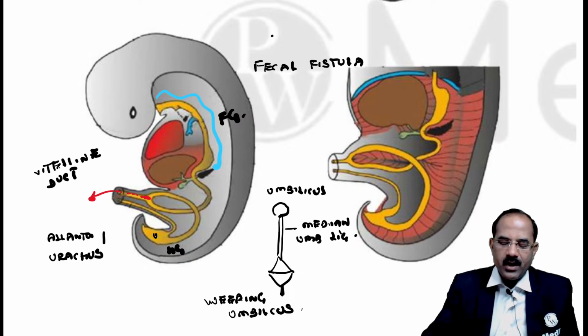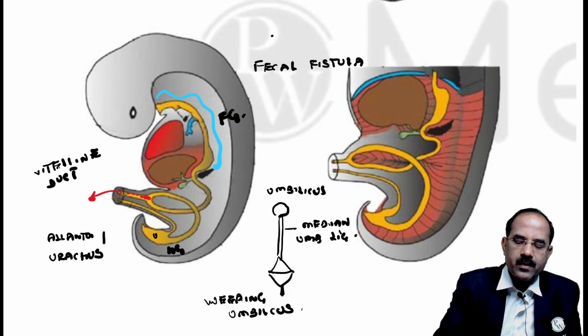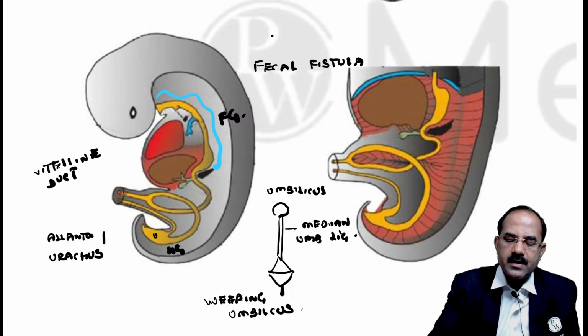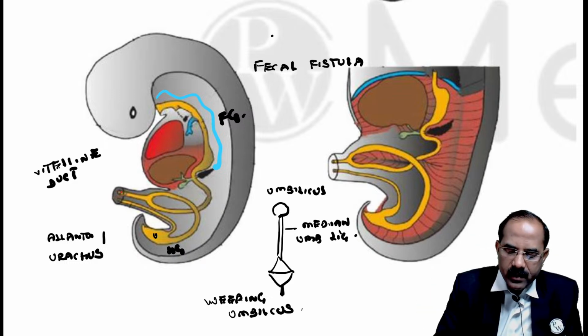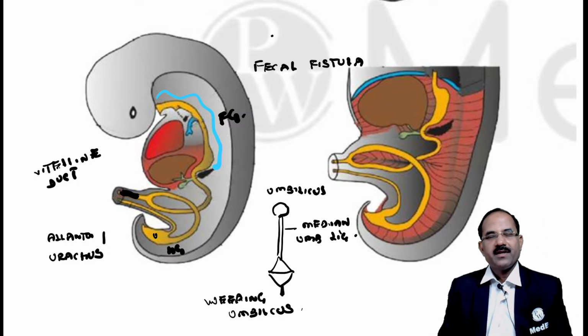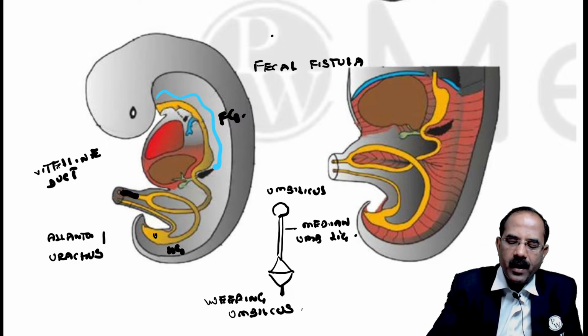Most of the time, what happens? Look, the distal part of the vitelline duct obliterates. This much part is obliterated, and the proximal part is left.